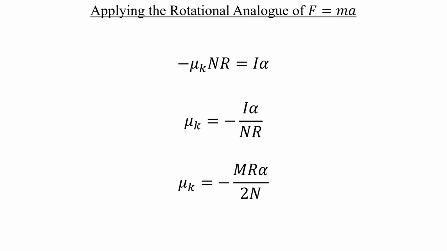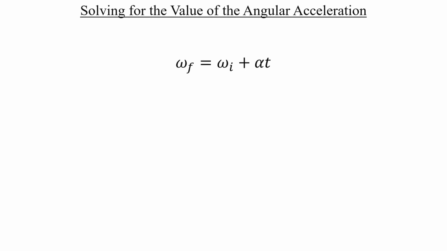Since we have the initial angular velocity and the time it takes for the grindstone to come to rest, we're free to grab this rotational kinematic equation from our tool belt. The final angular velocity goes to 0, and we can swing the initial one over to the other side and divide both sides by t.